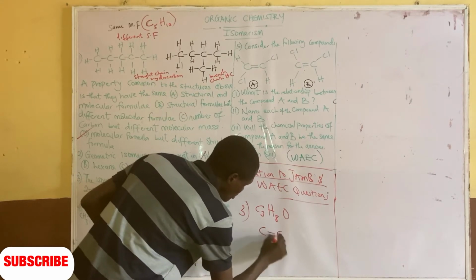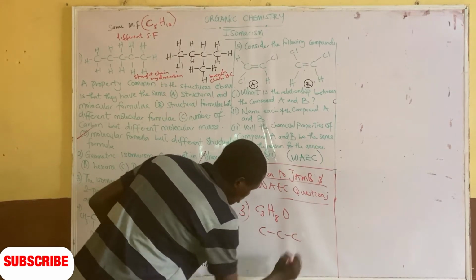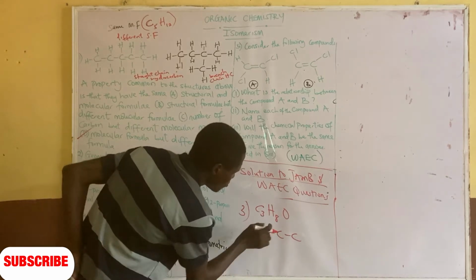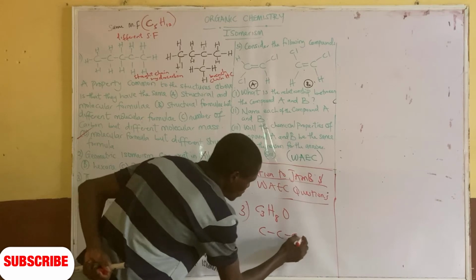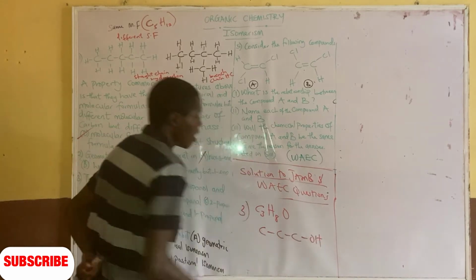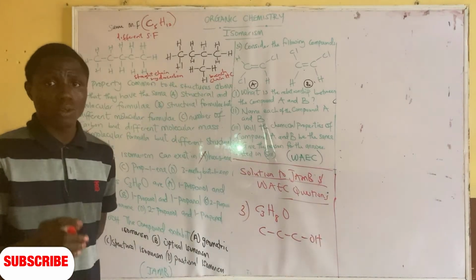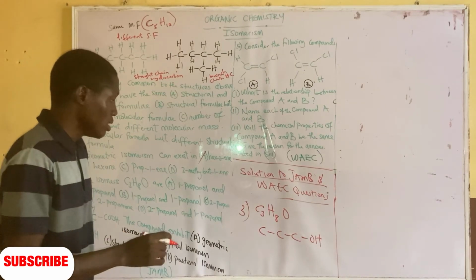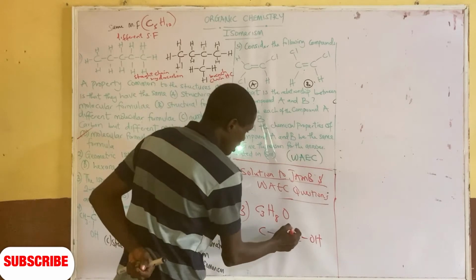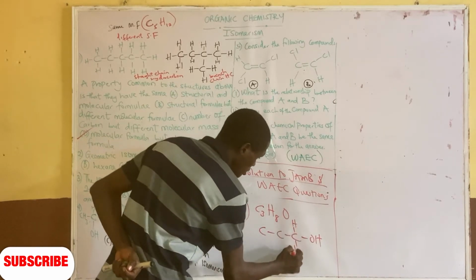Now, C3. Now, it has O. The first possibility of this compound is to have the functional group of OH. Now I fill the rest with hydrogen. Let's see whether it will comply with the molecular formula.